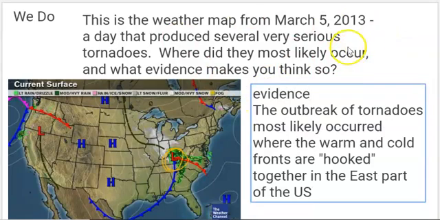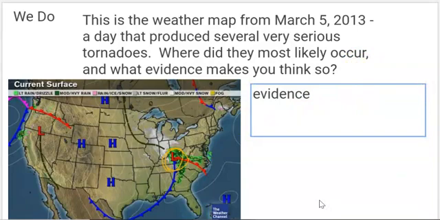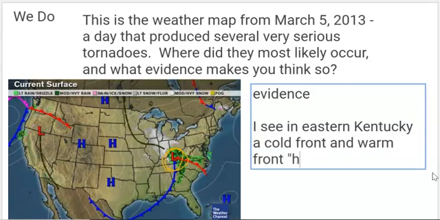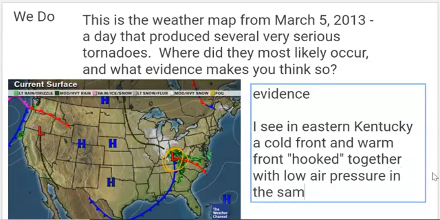Okay, now let's head to evidence. Our evidence is what makes us think so. And remember, this doesn't come from us. Evidence comes from the map. I see on the map. The map shows something very direct. So the evidence that makes me think so, or I can just say I see, in eastern Kentucky a cold front and warm front hooked together with low air pressure in the same area.